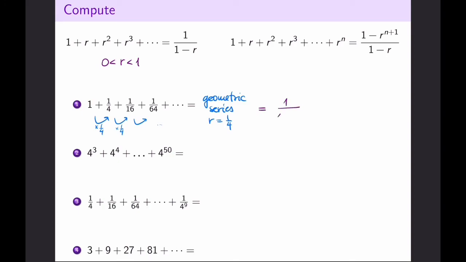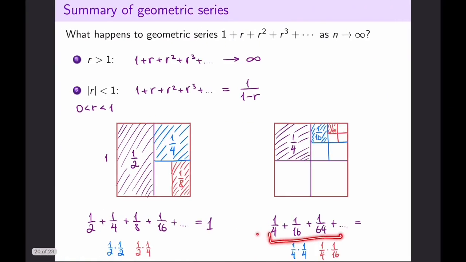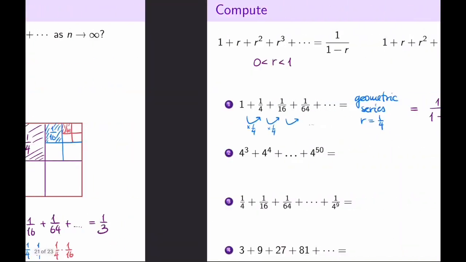So we have 1 over 1 minus r, which is 1/4, therefore 1 over 3/4, and altogether 4/3. Notice that this is consistent with what we've gotten on the last slide. 1 plus this entire sum ended up being 4/3. This entire sum without the 1 ended up being 1/3, which is the exact same outcome.